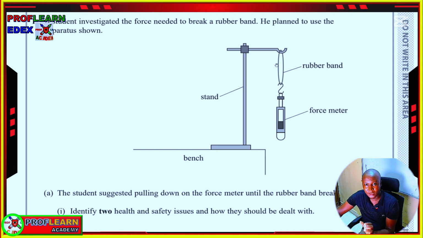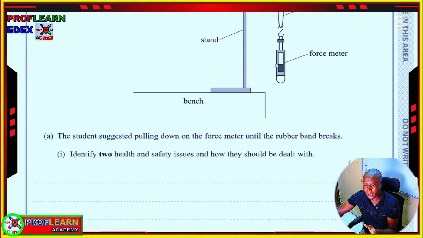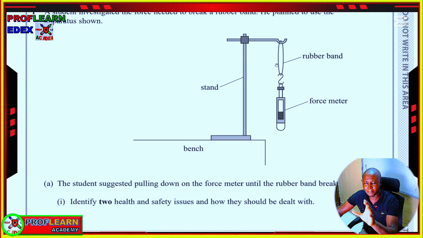One of the concepts that you need to understand is how to identify safety measures when you are performing experiments. That is going to be based on the practical, the scenario and the context you are given in a given question.